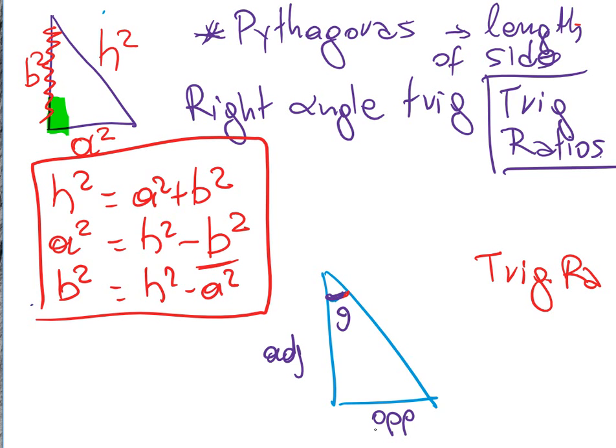So from the angle theta, this is the opposite side, this is the adjacent side. Adjacent means next to, and of course this is the hypotenuse.